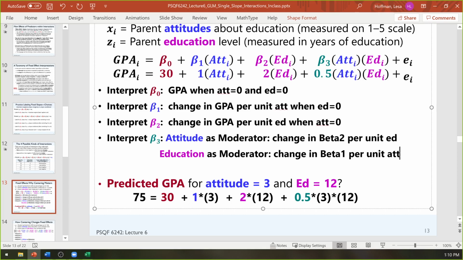If I had hypothesized that class size matters more if your camera is off, then it would be the opposite. But mathematically, they are indistinguishable. The interaction term moderates each of the other slopes to the same extent.